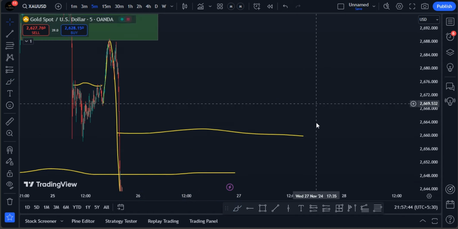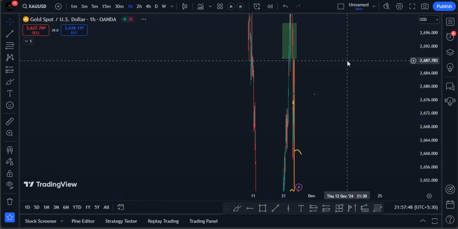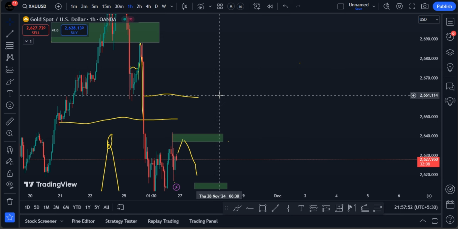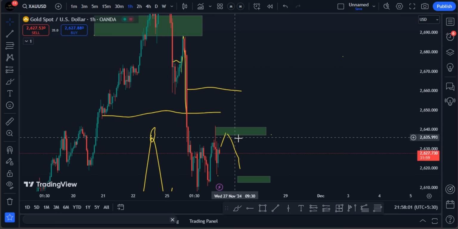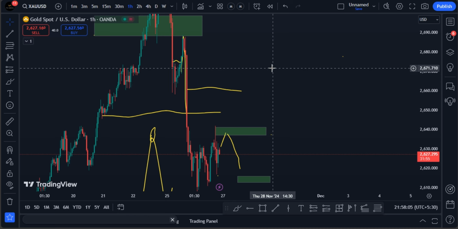But there's one more thing. Let me switch into the 1 hour time frame. If buyers take control of the market with the fundamental news, there's fundamental news about to come up about the US, then the market will create another up move.